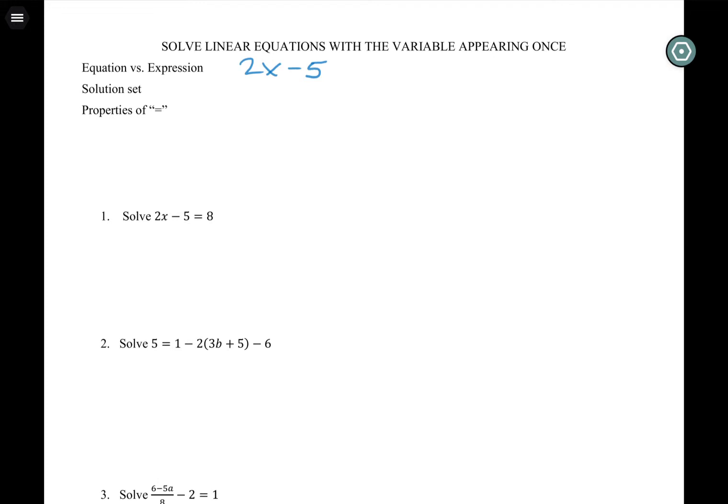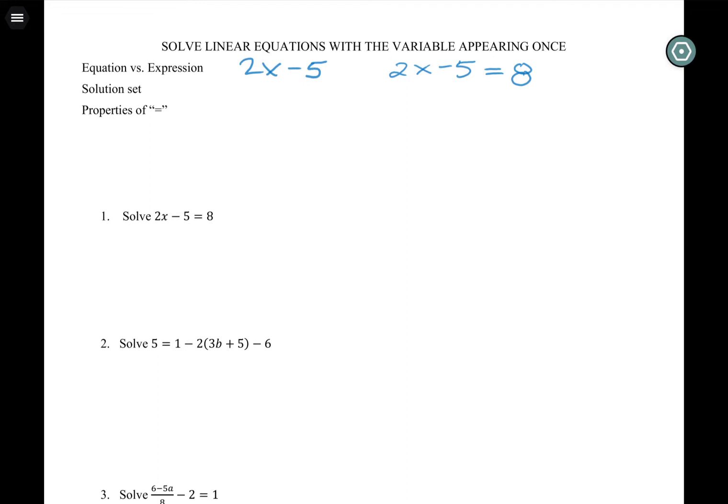It's just a number. When we move on to equations, like that first one you can see down below, all of a sudden we have a complete statement. 2x minus 5 is equal to 8, not just 2x minus 5, some number.